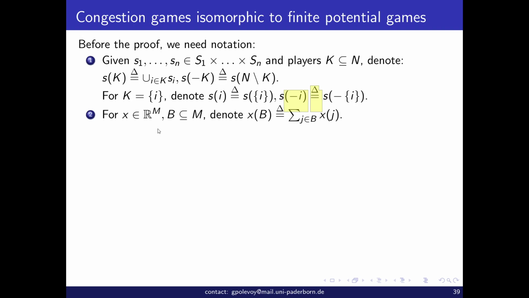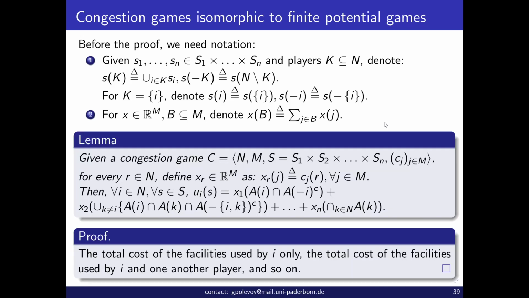Let us now look at a subset of facilities, B, and define the vector X applied on B as the sum, simply an arithmetic sum, of all the real numbers Xi when i is in B. So all the real numbers which correspond to facilities in B. And now we can formulate a lemma, which gives another way to represent the utility in a congestion game.